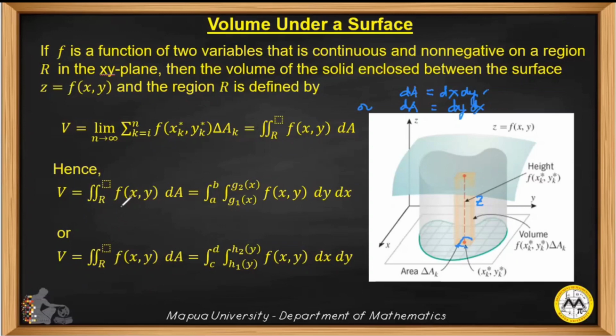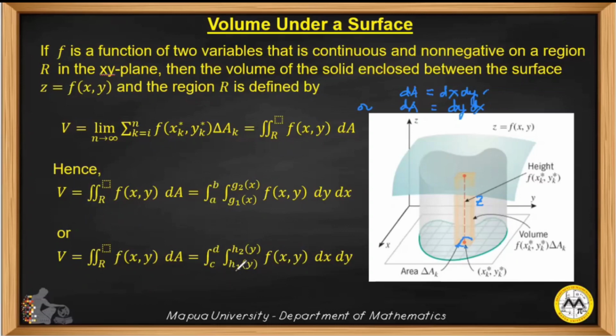Hence, the volume, which is the integral of f of x, y dA over the region R, is the double integral of f of x, y dy dx if it is vertically simple, and y will go from g1 to g2. g1 and g2 must be independent of y, or must be functions of x, and the outer limits of integration a and b must be constant. So x goes from a to b.